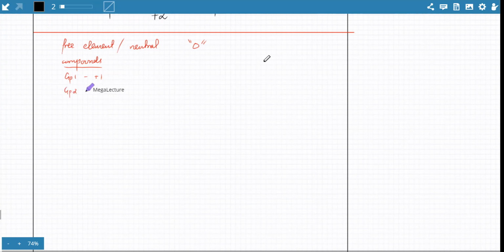Group two is always plus two, and group three is always plus three, and so on. Transition metals have variable oxidation states, so unless it's mentioned, you have to calculate them. Then you must know that oxygen has an oxidation state of -2, usually, with plenty of exceptions. I mean, we just saw an exception.